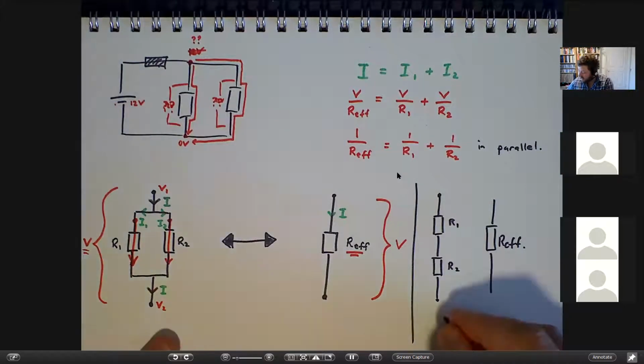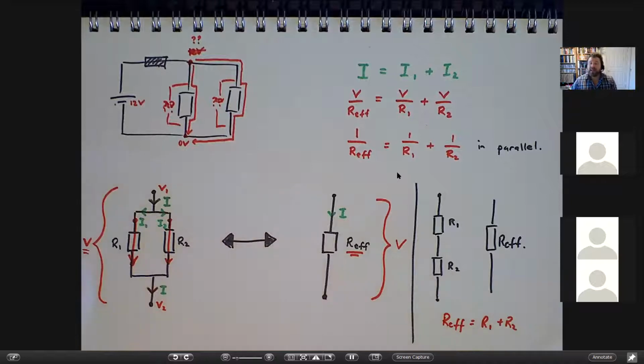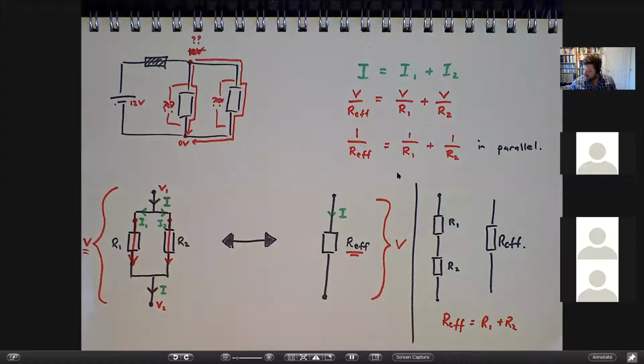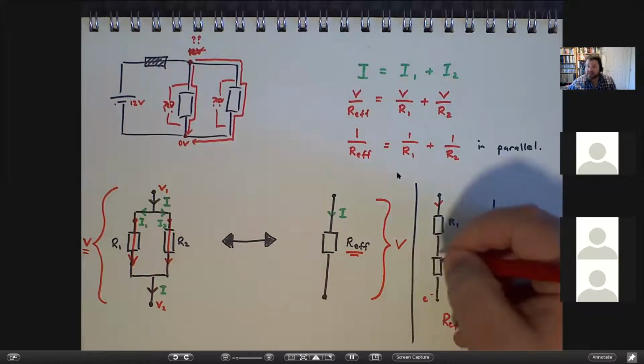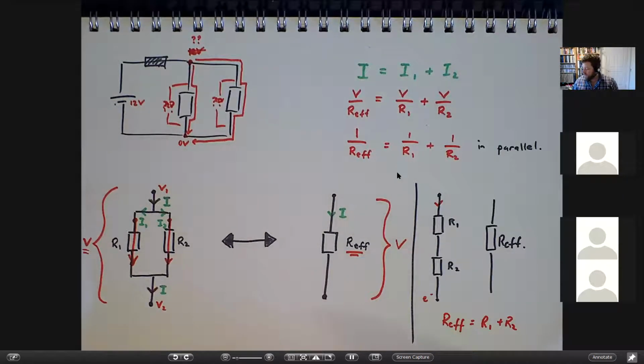So RF in that case is just R1 plus R2, because each electron has to get through both barriers. If the current's going this way, each electron which starts here has to move through R2 and then R1, so it faces both resistances, so we just add them up.